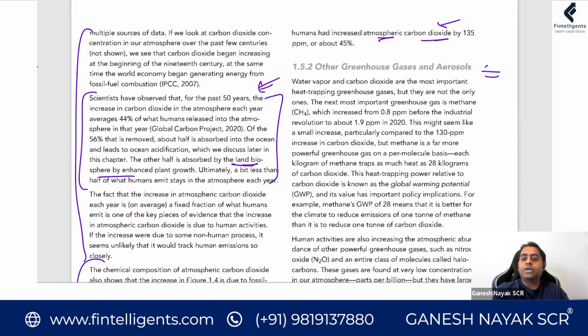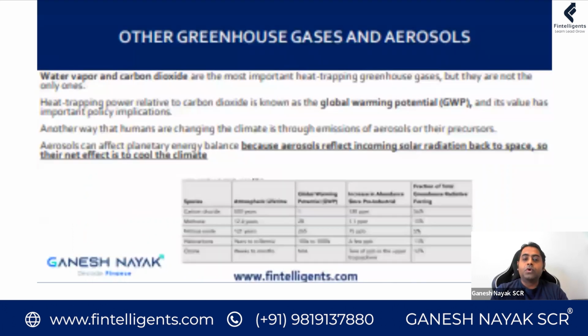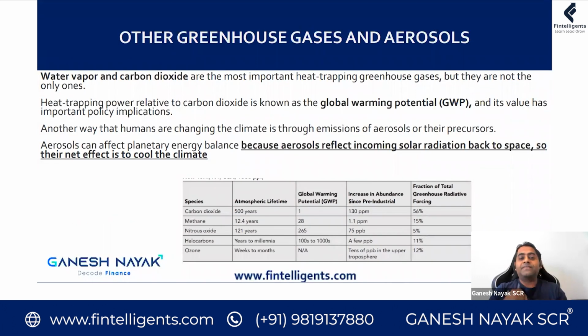Now we are moving towards the next section, which is other greenhouse gases. And then there is one more unique thing, which is aerosol, which is also going to be there in the atmosphere. Okay, and how it is helping us. So carbon dioxide definitely is the main culprit, but there's also one more, which is water vapor. Now, water vapor is very strong.